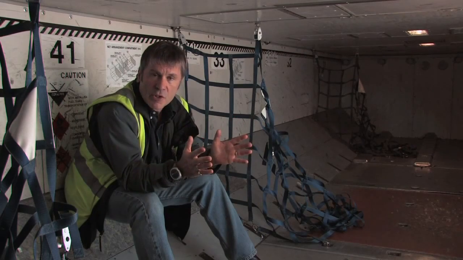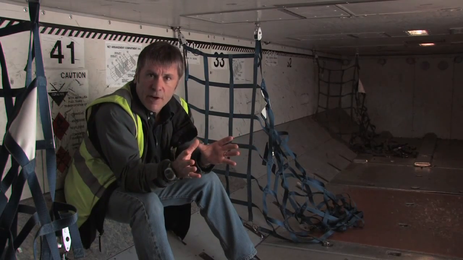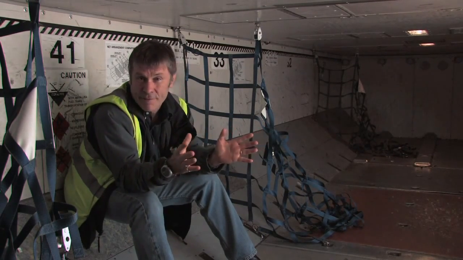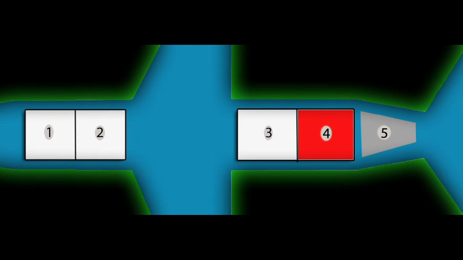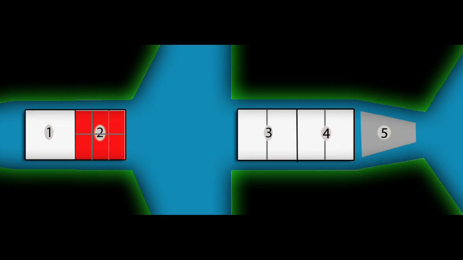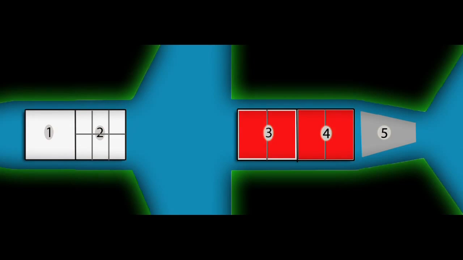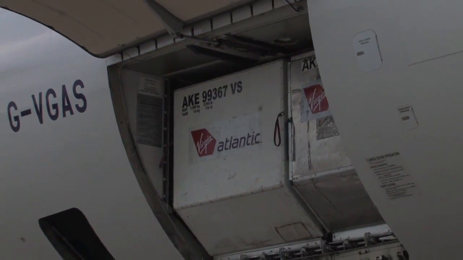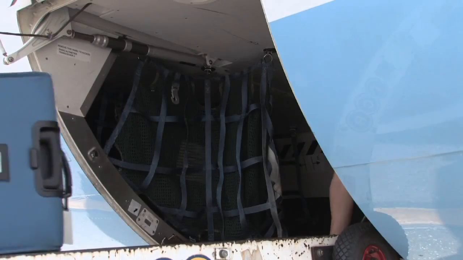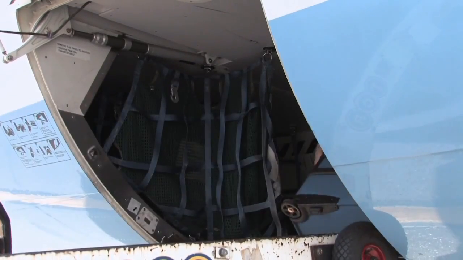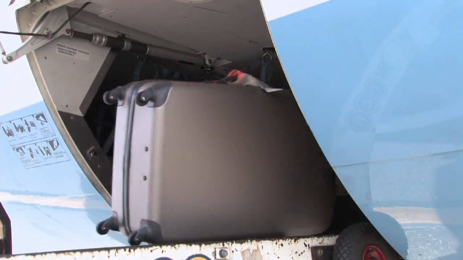And within those compartments, there's a specified distribution. Now, it could be specified as 100 bags in here and 80 bags in there, or even baggage containers in the front, cargo pallets in the rear. Whatever the planned distribution is, the aircraft must be loaded in accordance with that plan. If it isn't, a gross error may have fatal consequences.